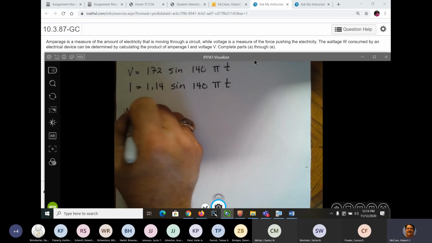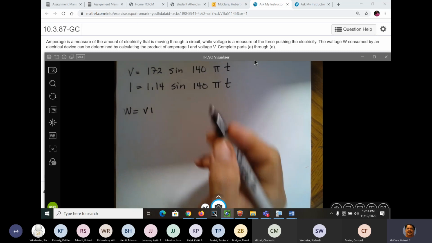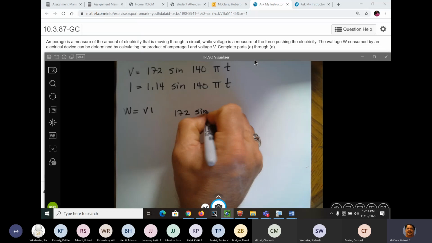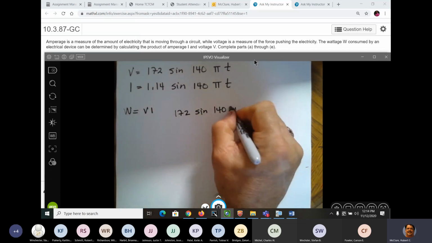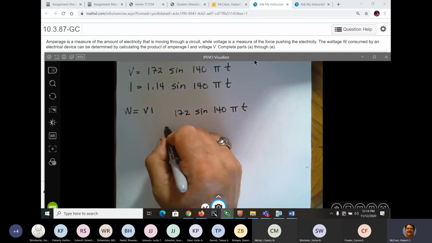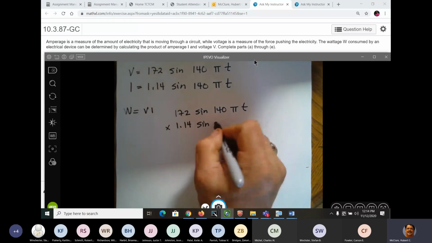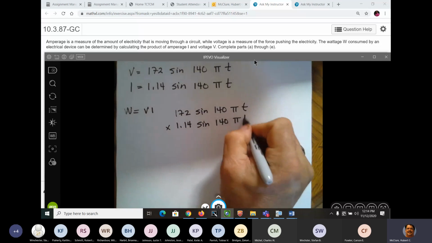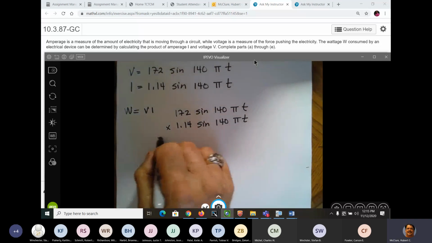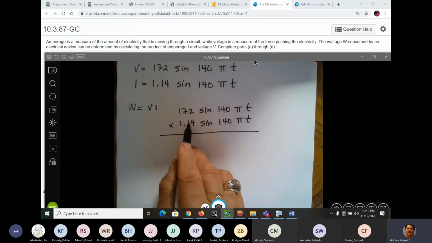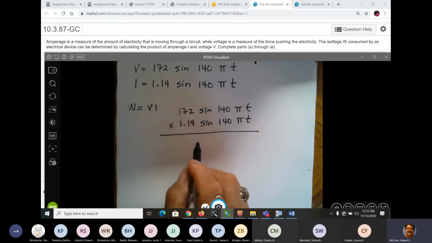Wattage is equal to the voltage times the amperage, which is 172 sine of 140 pi t times 1.14 sine of 140 pi t. Well, when you multiply those two things together, you basically just get a square on the sine and whatever this comes out to be. I got 196.08, but let's check it.